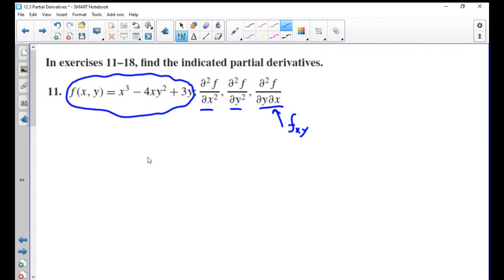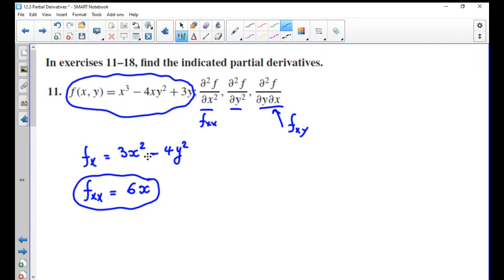There is no real difficult thing here. So we want three things. Fx first with respect to x. It's going to be 3x squared minus 4y squared. So that means fxx, which is this one, is 6x. That's it. So that's the first answer.